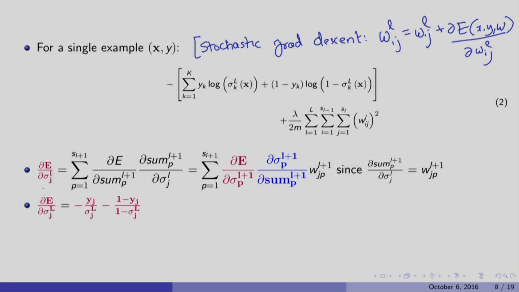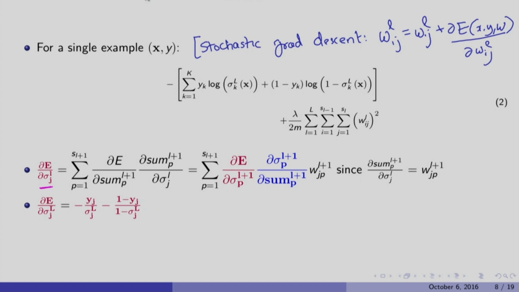The partial derivative of e with respect to sigma JL is the sum over p indices onto the perceptrons, activation units of the L plus 1th layer, of the partial derivative of e with respect to sigma p L plus 1 multiplied by the partial derivative of sigma p L plus 1 with respect to sigma JL.